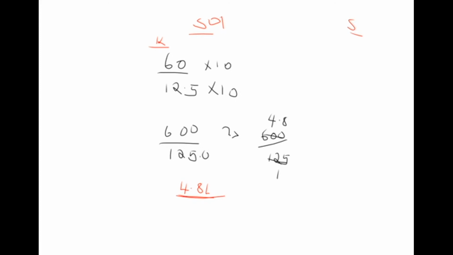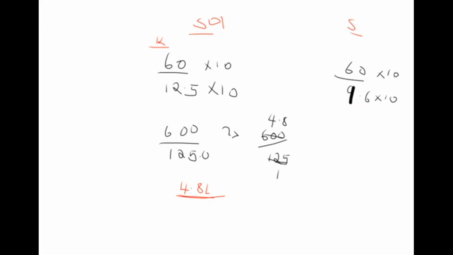We shall have 60 divided by 9.6. Remove the decimal, multiply by 10. We have said what we do to the denominator, do it to the numerator.